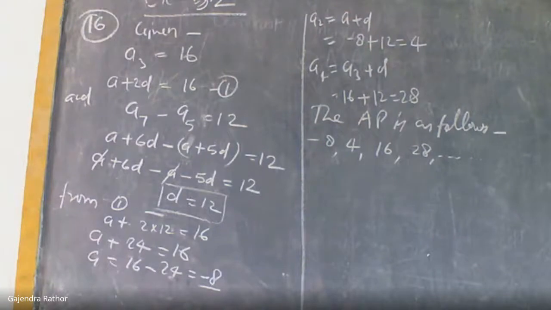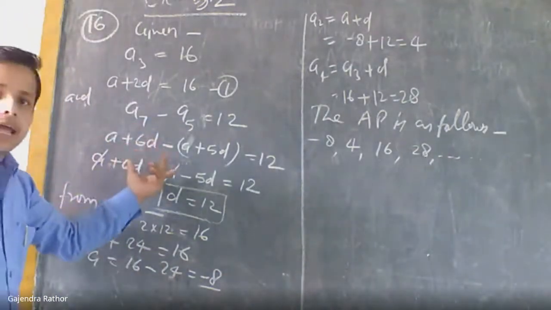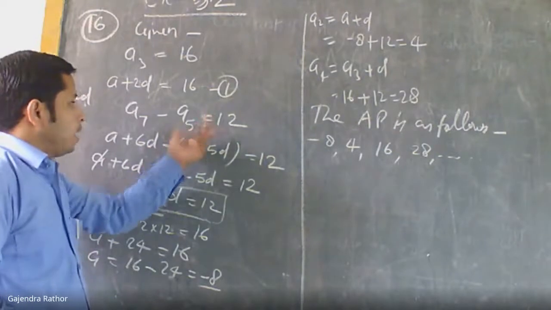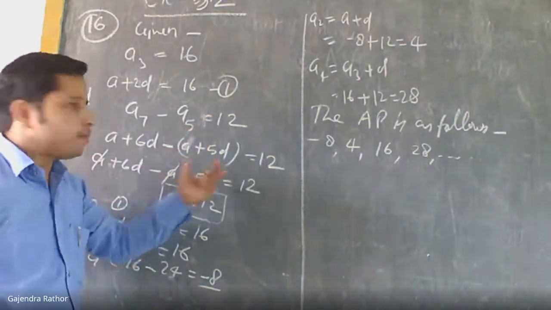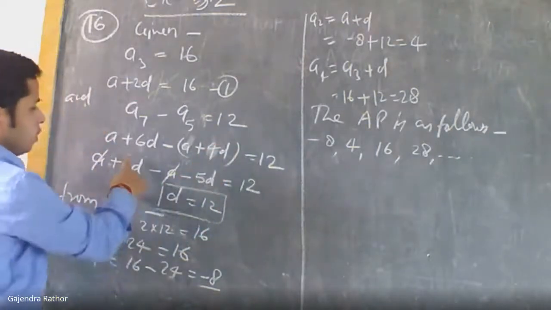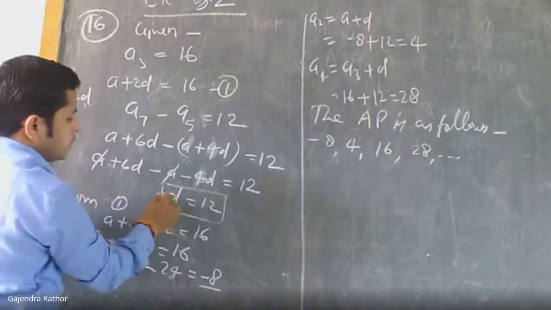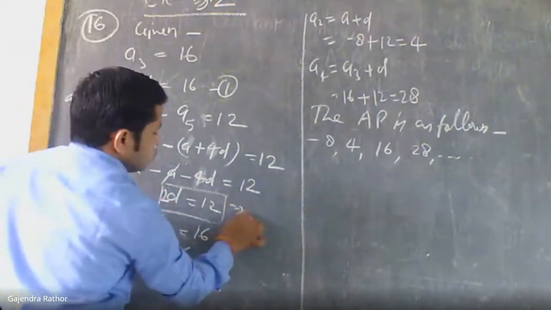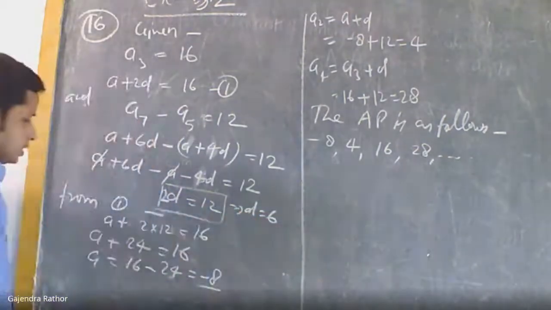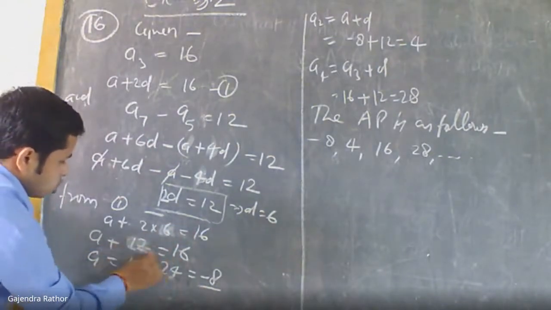Yeah, I made one mistake. What is the mistake? Here, A7 I converted to A plus 6D, while A5 I converted to A plus 5D. This is wrong. Here it will be 4D. Then 6D minus 4D is 2D, so D is equal to 6. Again here 6, here 12.